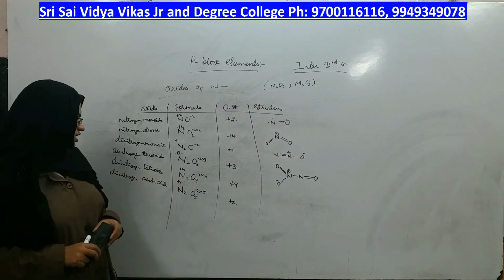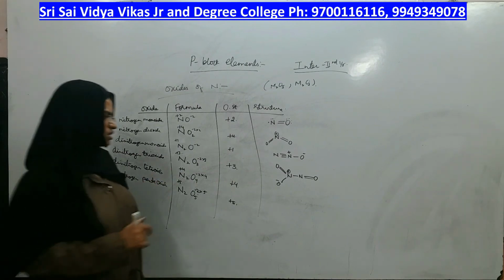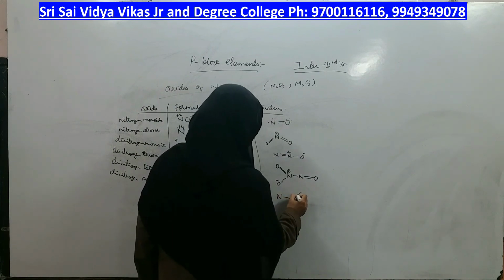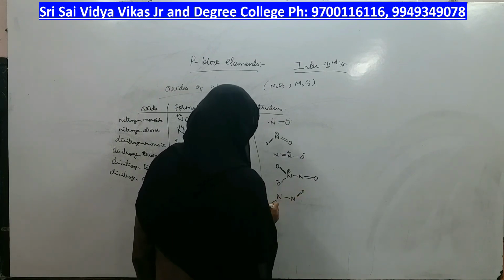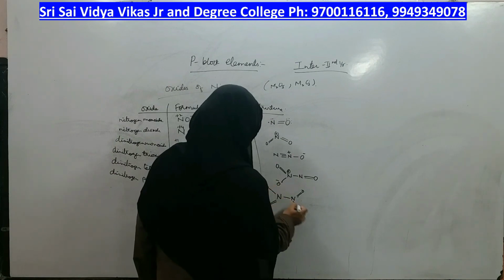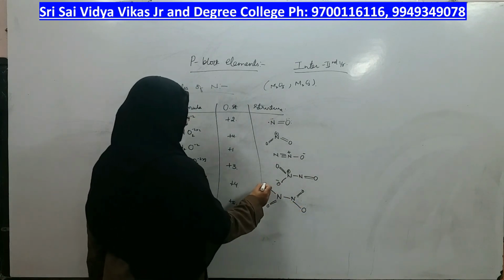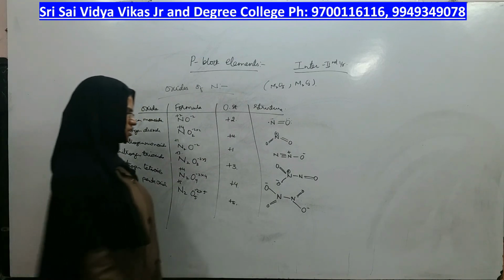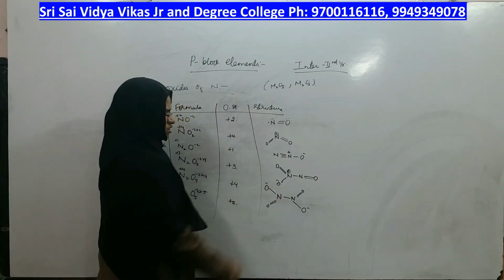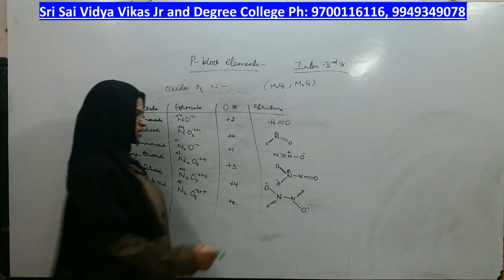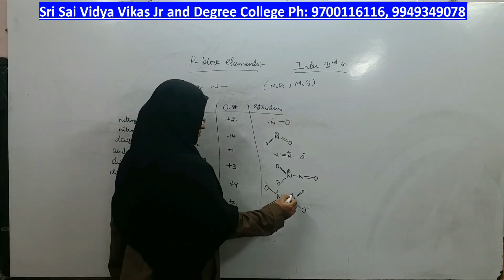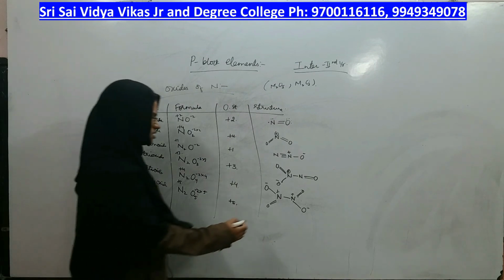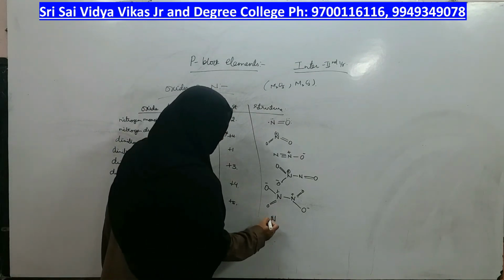Now going to the next, dinitrogen tetroxide. One, two, three, 4. 1, 2, 3, 4, right? So nitrogen has, this is nitrogen tetroxide.